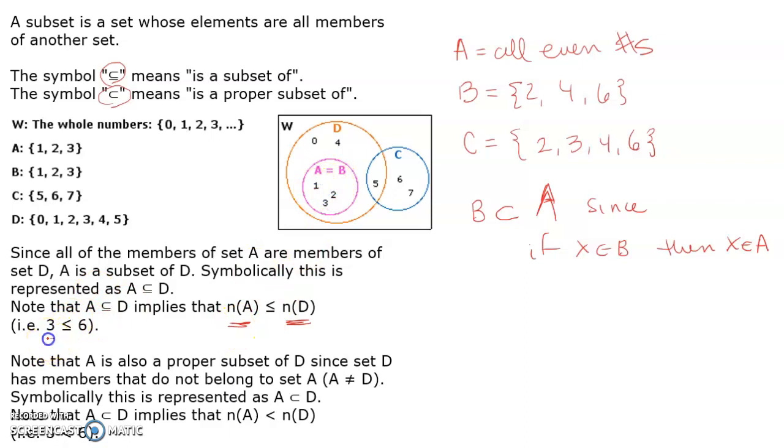There are 3 of them. And the number of elements in D is 1, 2, 3, 4, 5, and 6, sorry, there's another one. So we can say that B is a proper subset of A. We can also say that B is a proper subset of C.